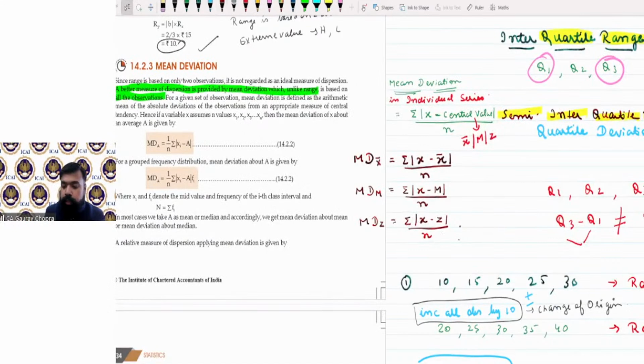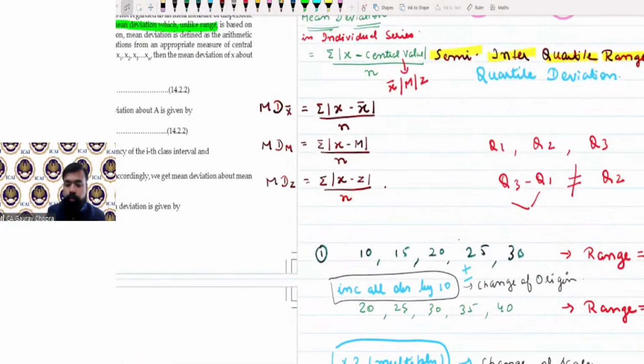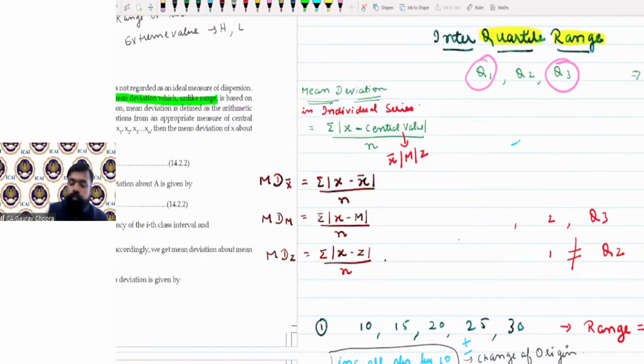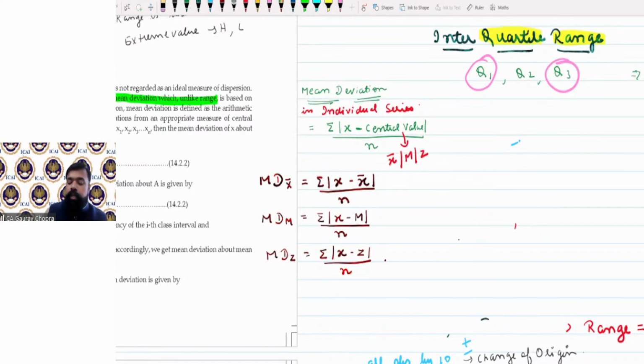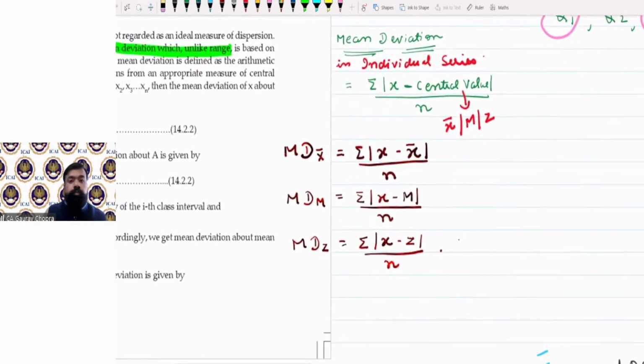So let us remove all other things from here. These are the formulas for mean deviation in case of individual series.